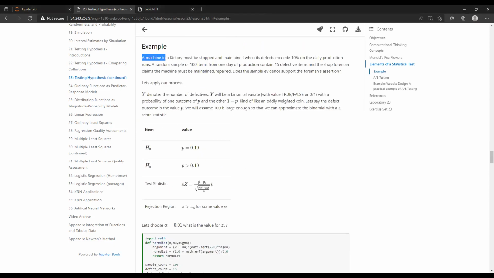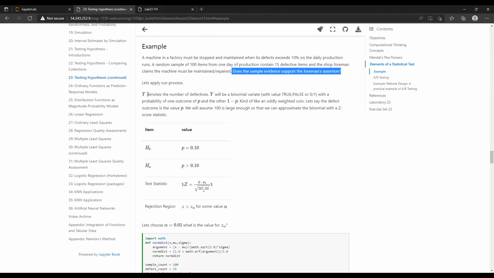We have a machine in a factory that has to be stopped and maintained when its defects exceed 10% on the daily production run. A random sample of 100 items from one day of production contain 15 defective items, and the shop foreman claims the machine must be maintained and repaired. Does the sample evidence support the foreman's assertion?